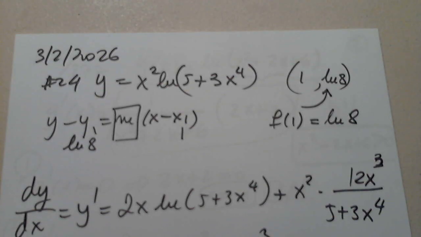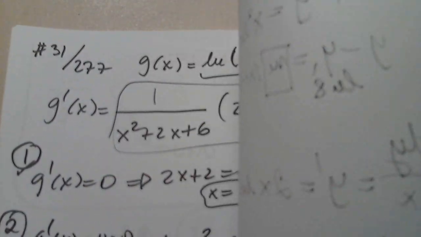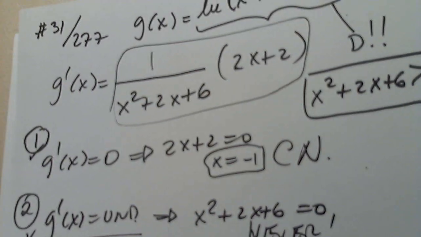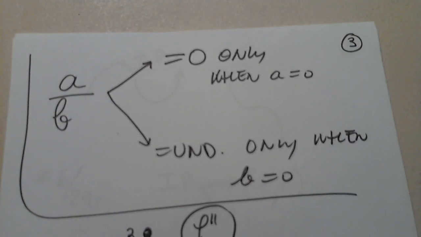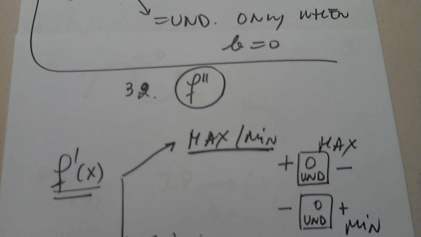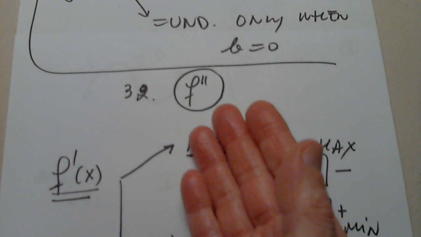Okay, let me go back. So last time we were looking at some problems from homework. Then we went back to discuss critical numbers and the information we get from the first and the second derivative about the function.